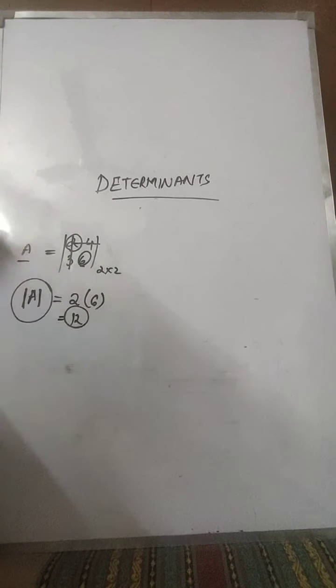So you have to expand only one row or one column, and you will be able to find the determinant value. You will not have to verify whether you're getting the same value or not. You will get the same value only.